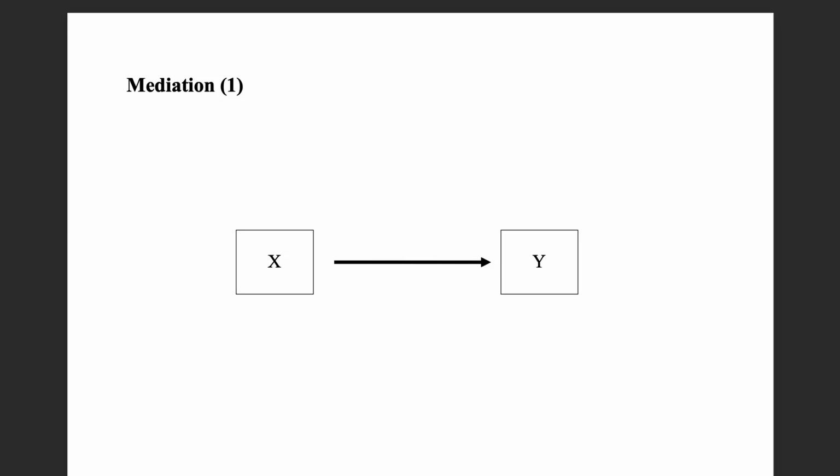So we can start out with, again, some theory that tells us that some independent variable X has some causal effect on a dependent variable Y. But our theory might also tell us how, and should tell us why, that is the case. So what is the causal mechanism that connects X to Y?